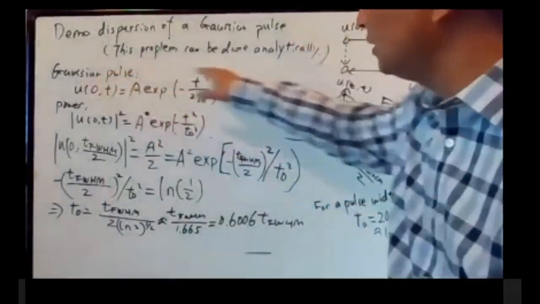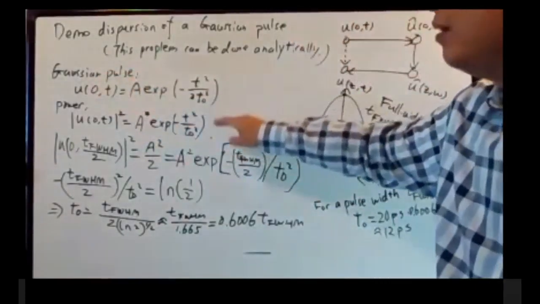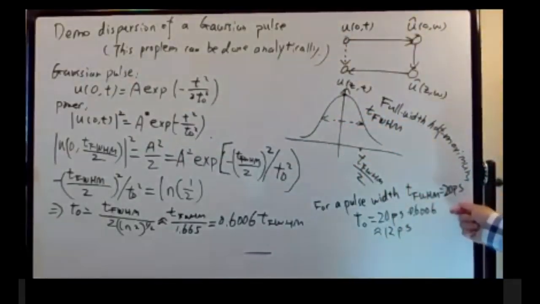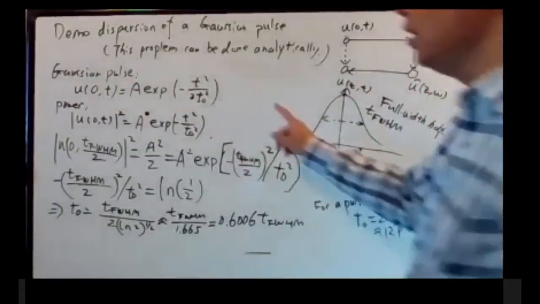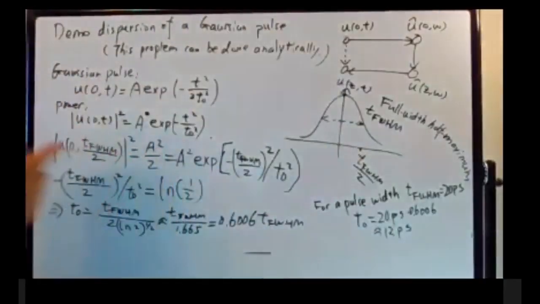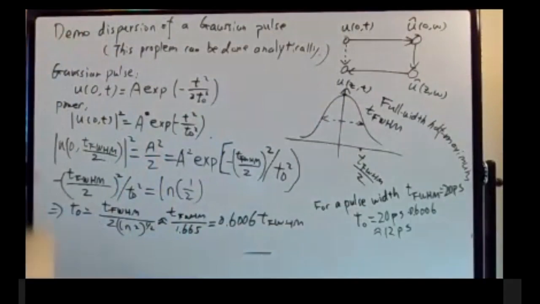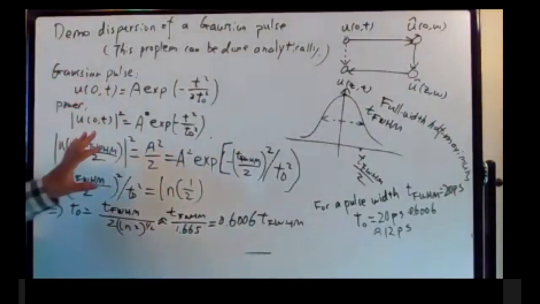Then this pulse will represent a full width half maximum of 20 picoseconds in power, right? When we say full width half maximum, we're always referring to the intensity and power. Good? Yeah. So this is a Gaussian pulse. Okay, questions?